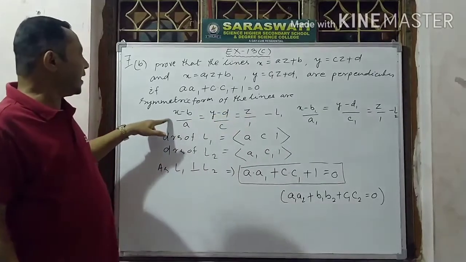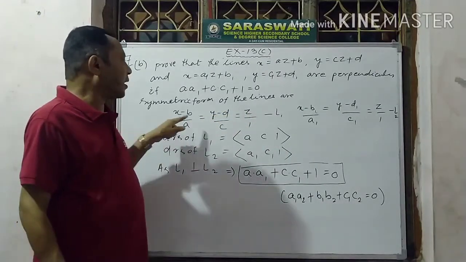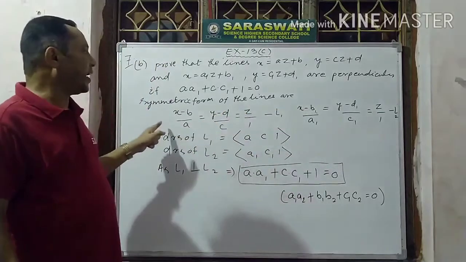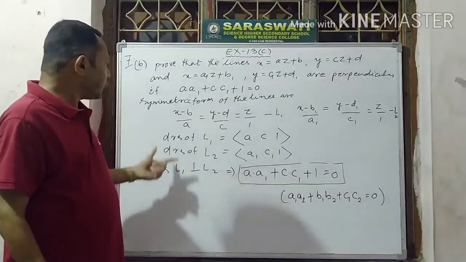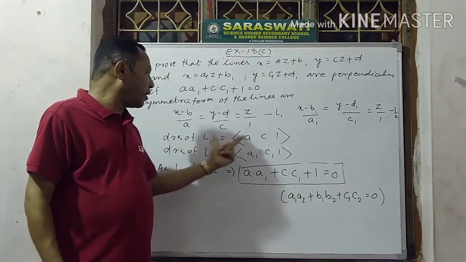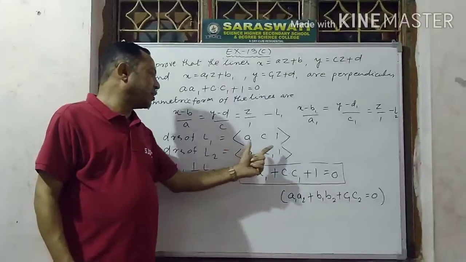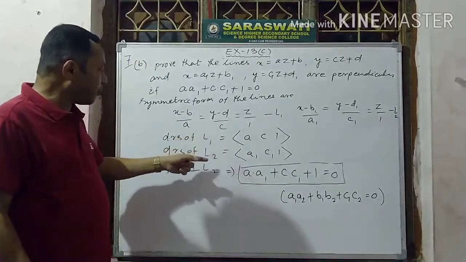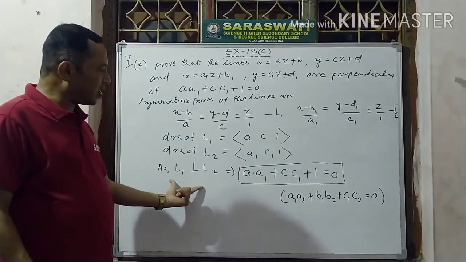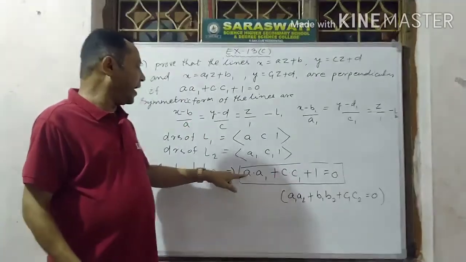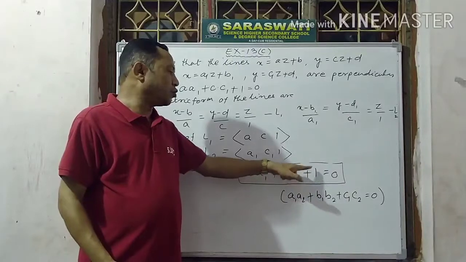So here lines L1 and L2 are obtained in symmetric form. We can find now the DRs of L1 are a, c, 1, the DRs of L2 are a1, c1, 1. As they are perpendicular to each other, applying the perpendicularity condition, a a1 plus c c1 plus 1 is equal to 0.